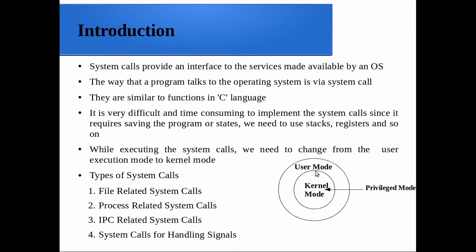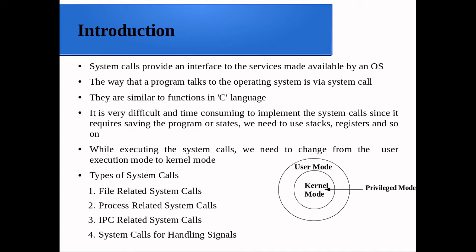Since user mode is a safe mode, most programs will execute in user mode. But during execution, a program may need to access system resources, like memory, hardware, etc. When the program needs access to these resources, it makes a call to the operating system, telling it that it needs access to certain resources.